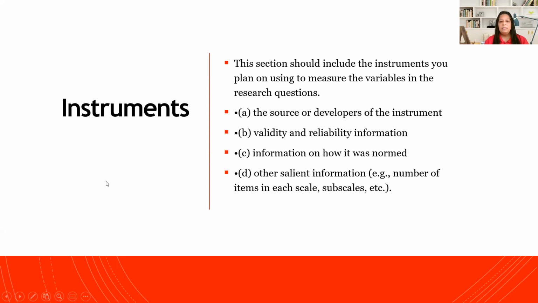So the instruments section should include the instruments that you plan on using to measure the variables in a research question. It needs to include the source or developers of the instrument. In the example I gave in my previous video, they used sample questions from the OBPP bullying prevention program, and that was all listed.